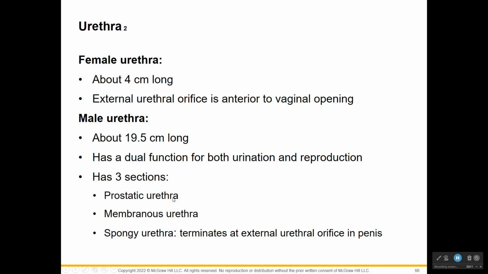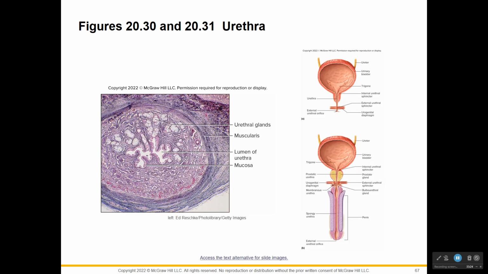There's the prostatic urethra, based on where it's located, the membranous urethra, and then the spongy urethra, which is the last part of the spongy penis. And so here you can see the spongy urethra here in the spongy part of the penis. And there's the prostatic urethra. And then membranous, because it's going through these sphincters and the urogenital diaphragm.